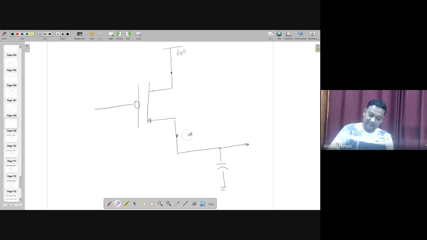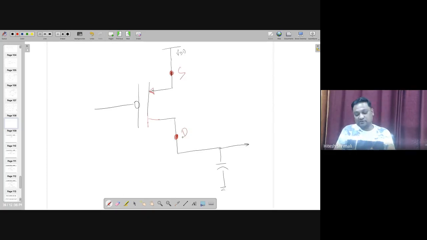Because this terminal is connected to VDD, which is higher than the other terminal, automatically this becomes the source and that becomes the drain. But I suggest you do not do this. Although they are interchangeable, it is offensive work to do this. You have to connect the source over here and the drain over here.